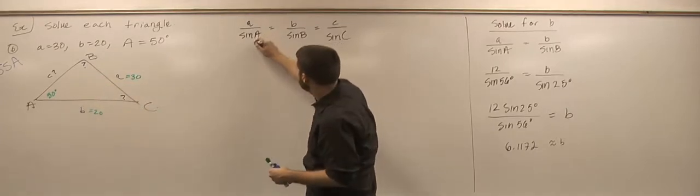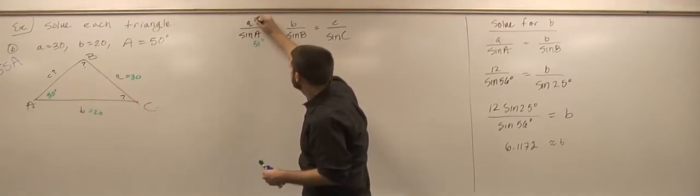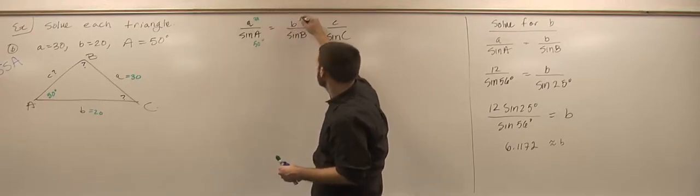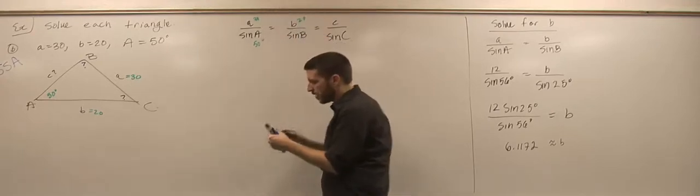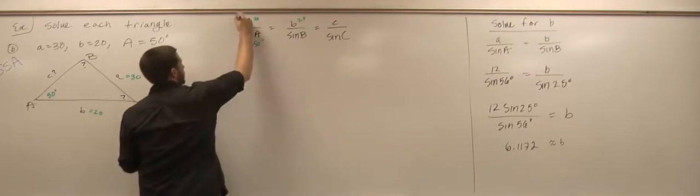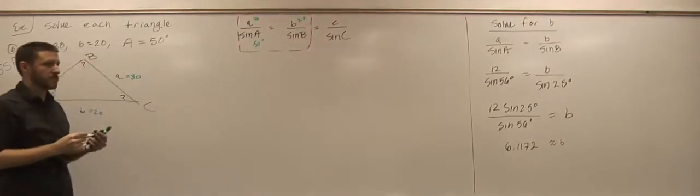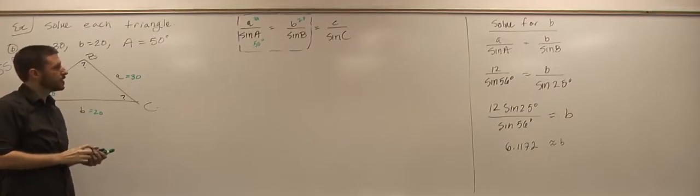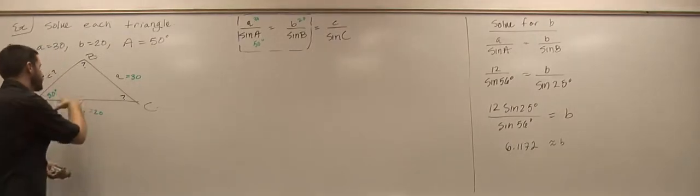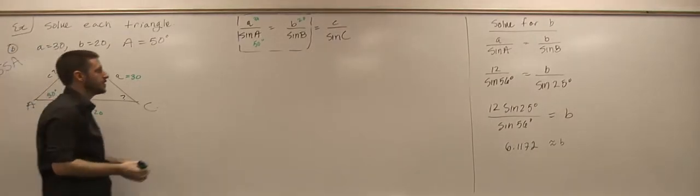I know this guy's 50, this guy's 30, and this guy's 20. So I can start off right here and solve for big B. So in this case, since I can't subtract to get my angle, I have to use law of sines.